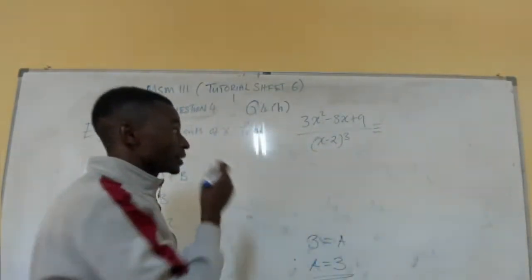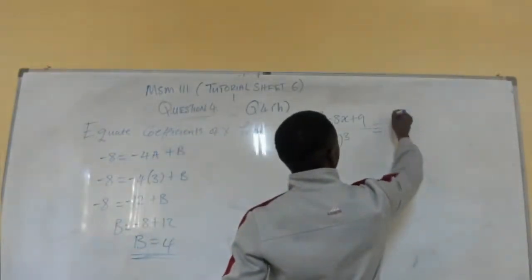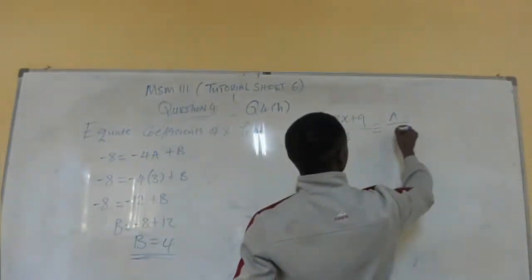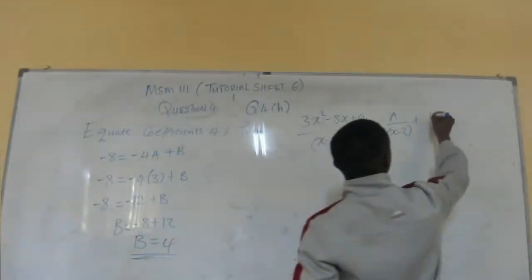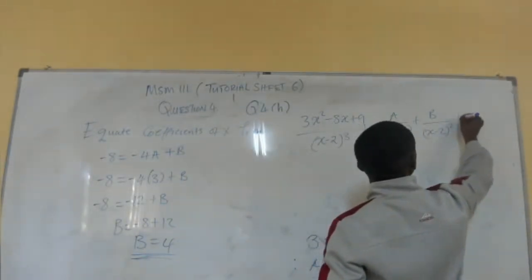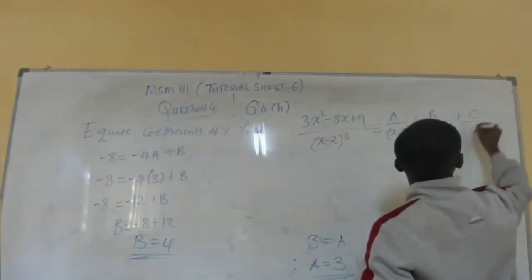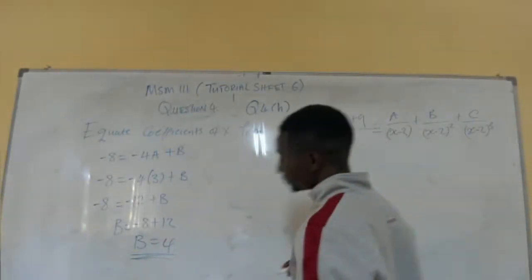So we say, expressing this into partial form, it's a over x minus 2 plus b over x minus 2 to the power 2 plus c over x minus 2 to the power 3.